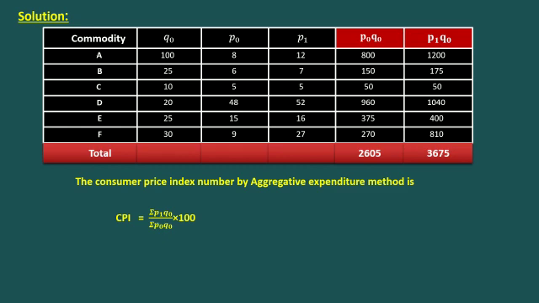Next, substituting the totals in the formula, CPI is equal to 3675 divided by 2605 into 100, and we get the answer as 141.0749.